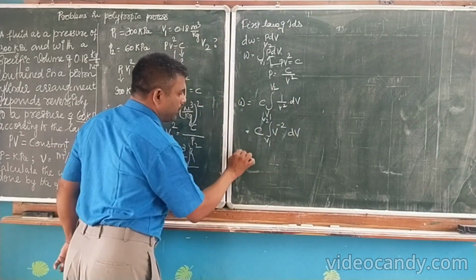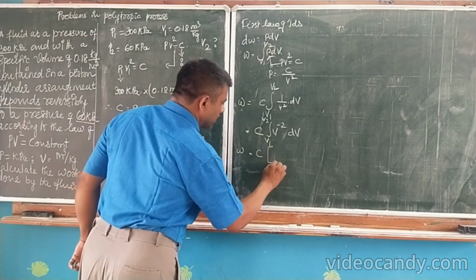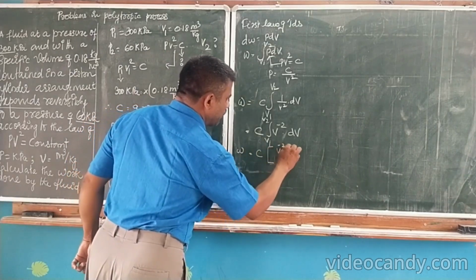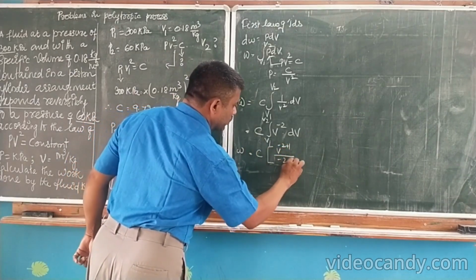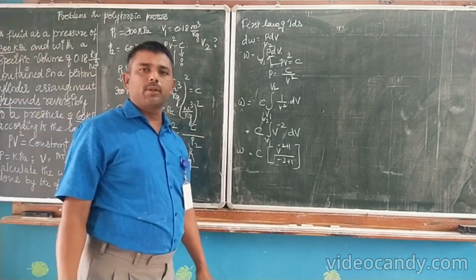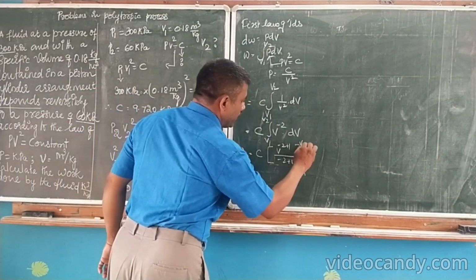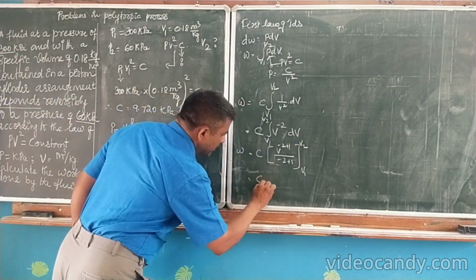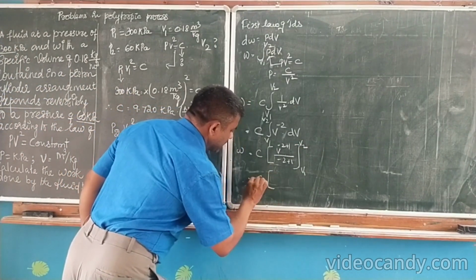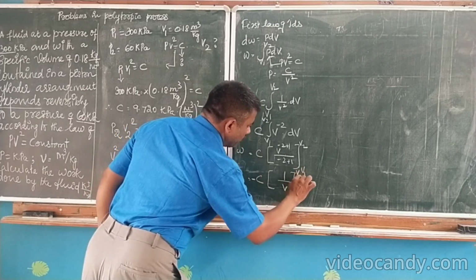W is equal to, after integration, C into V power minus 2 plus 1 divided by minus 2 plus 1. X to the power n into dx is equal to x to the power n plus 1 divided by n plus 1. Limit tends to V1 to V2. So this equation gives minus C into 1 by V, from V1 to V2.